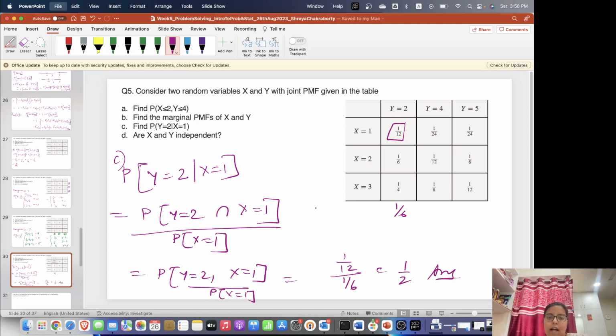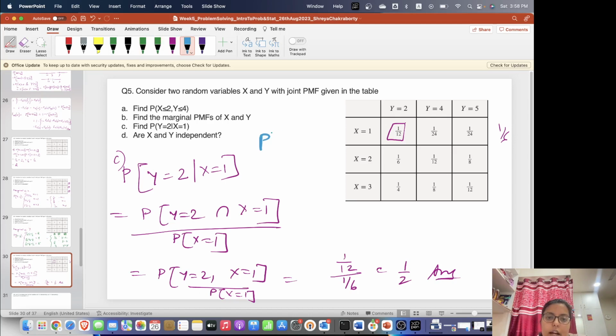Similarly, if we would have had something like probability x equal to 2 given y equal to 5, we would have taken this value. Sorry, here I wrote the third column, this should be 1 by 6. One second, I'll color code it just for the sake of understanding.